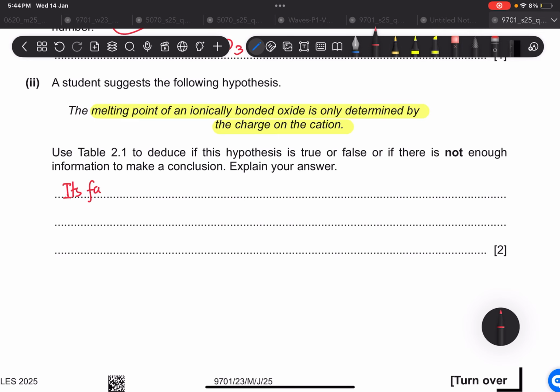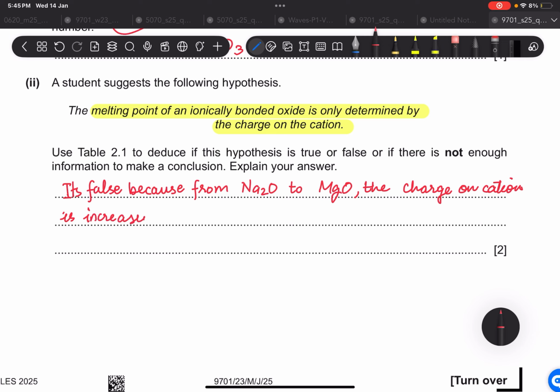It's false because from sodium oxide to magnesium oxide, the charge on the cation is increasing and the melting point is also increasing. And I'm gonna tell the examiner whatever I think.